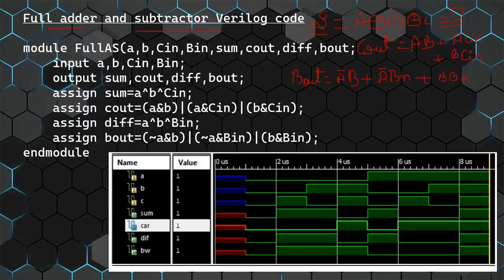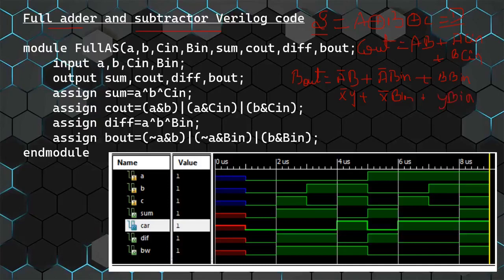For borrow out, we got A bar B plus A bar B in plus B B in, or in terms of X Y, X bar Y plus X bar borrow in plus Y borrow in. Any variable we can use.